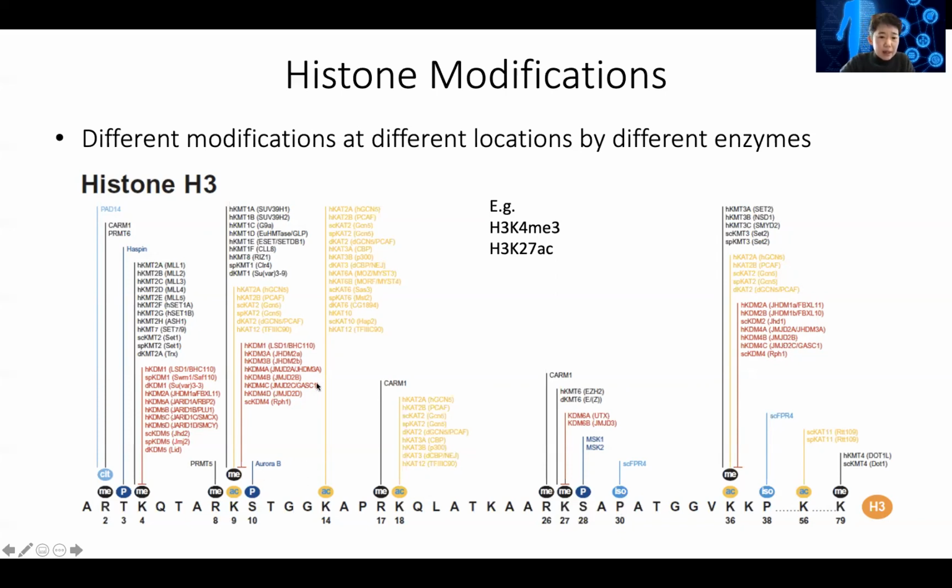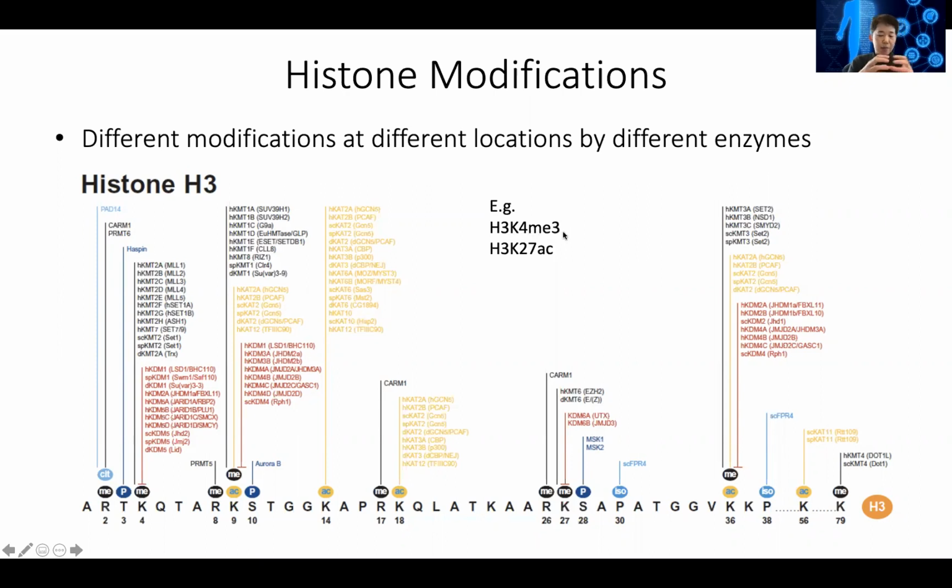Depending on the location, for example, you would very often see something called H3 lysine 4 trimethylation. It means that on this tail, at this fourth position, because there is a lysine, many different modifications can happen. In this position, if there are 3 methyl marks, that's called H3K4 trimethylation.